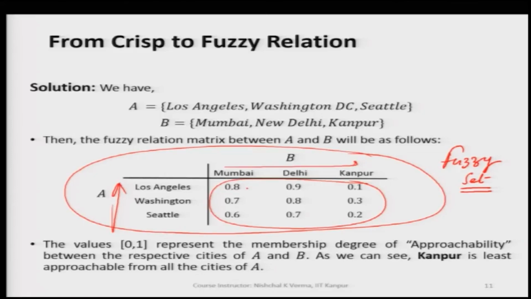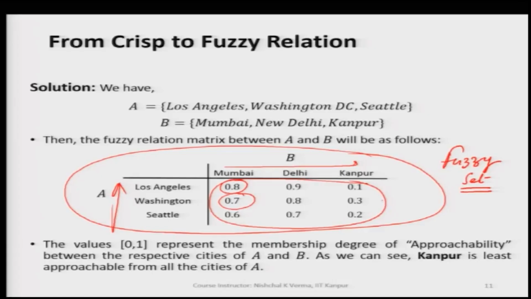And what this represents is, if we are interested in traveling from Los Angeles to Mumbai, we have 0.8 as the degree of membership. So, this means that its approachability is very good, that is 0.8. If we compare with the other cities, like Washington and Mumbai, which is 0.7, this means that traveling from Washington to Mumbai is not as good as traveling from Los Angeles to Mumbai when it comes to approachability.